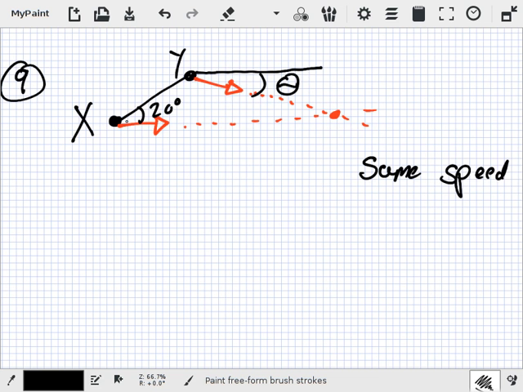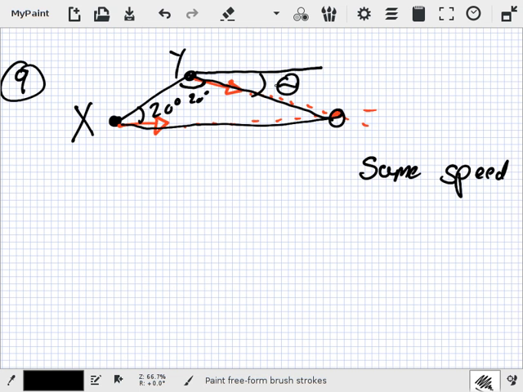So that means that this distance is the same as this distance, which makes it an isosceles triangle. Now, I drew it quite badly, but because they're the same distance, it means it's isosceles. Then this angle is the same. This is 20 as well.